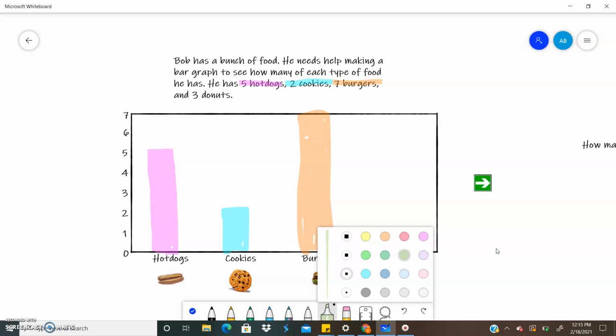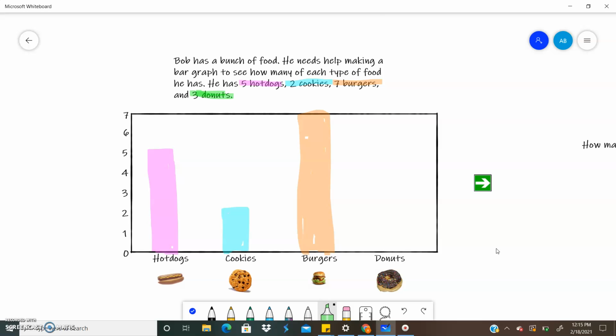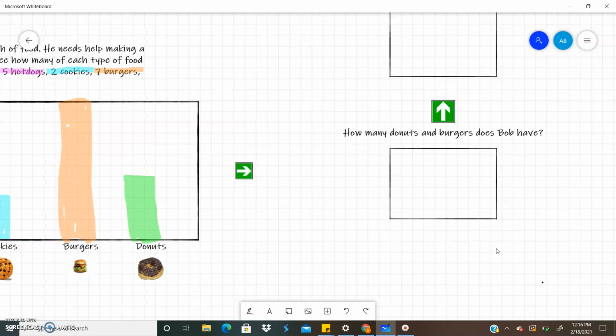Trying to find a different color here that we haven't used. This one will work. 3 donuts. Remember, look through that text. So we're going to go up to the 3, as close as you can. And then now that our data looks like this, it's a lot easier to compare it. Now we can tell which one he has the most of, which one he has the least of, and all of that. So now that we've filled out our table, we're going to go over here and answer some questions.